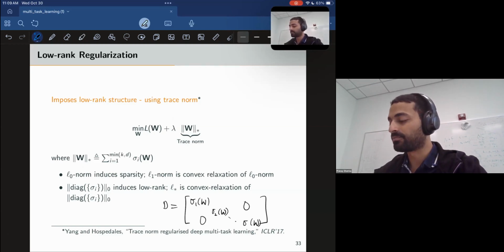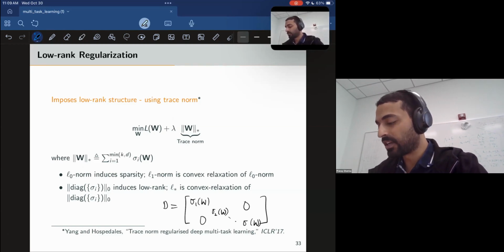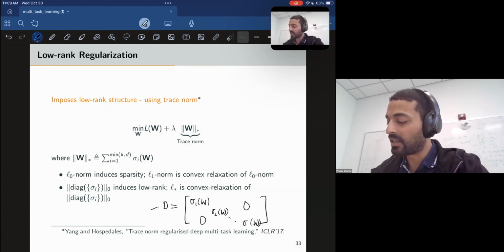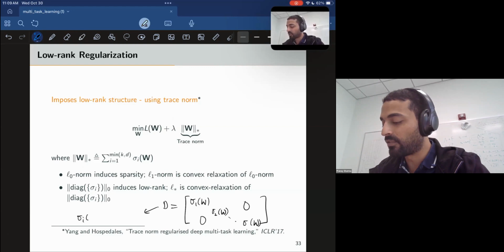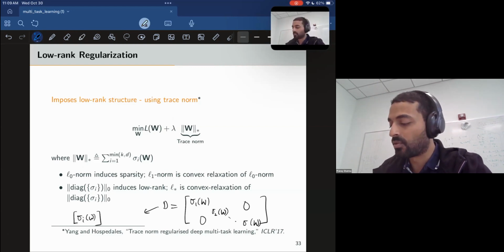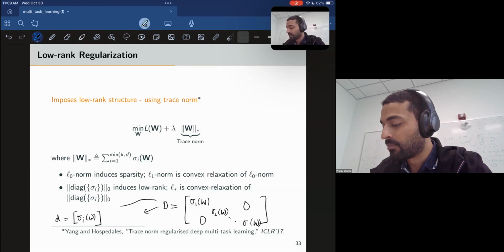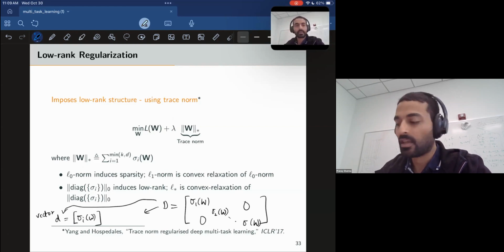Because it is a diagonal matrix, I can also write it in a vector form where different entries of the vector are the diagonal entries. So I converted this matrix into a vector, right?